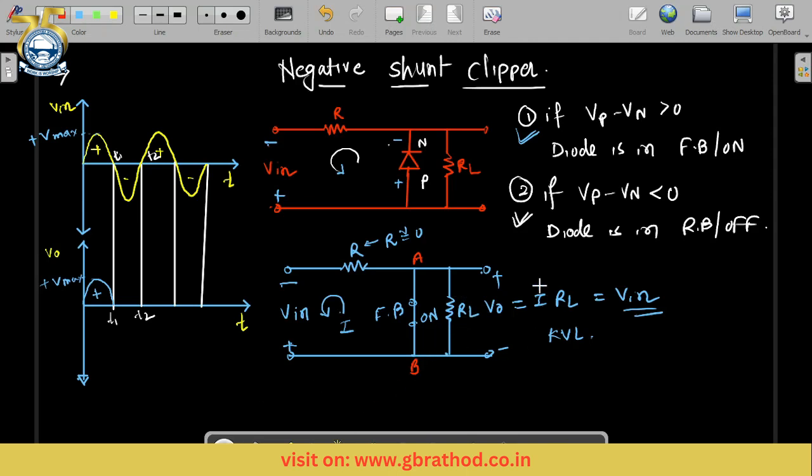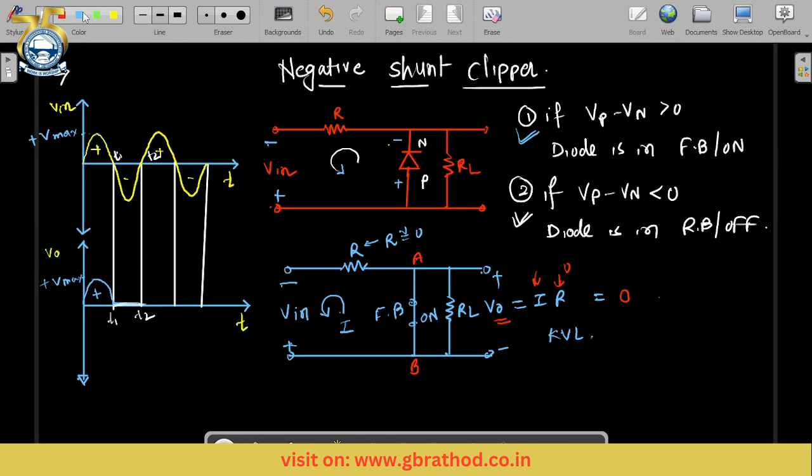The current is going to flow maximum, but the resistance of this branch is ideally 0. So you can consider this as 0. So ultimately our output across the AB terminal will be 0, and that is nothing but our output voltage. So over here, if you check, that will be 0.